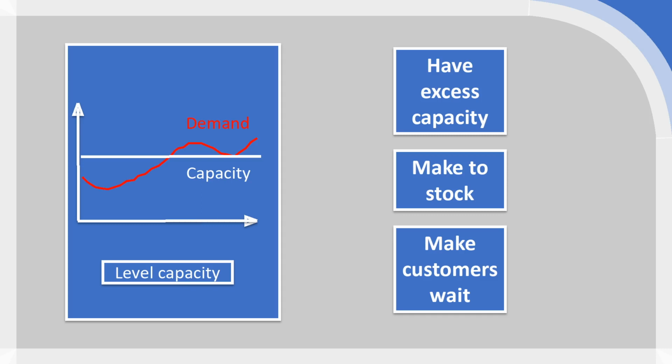And lastly, making customers wait is one other useful way of understanding this approach of level capacity. So we said that you cannot store haircuts, so you can't store a service. It is delivered at the same time that it's produced, unlike a good which is produced separately from when it's delivered.